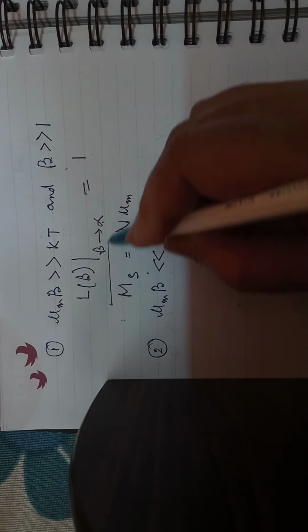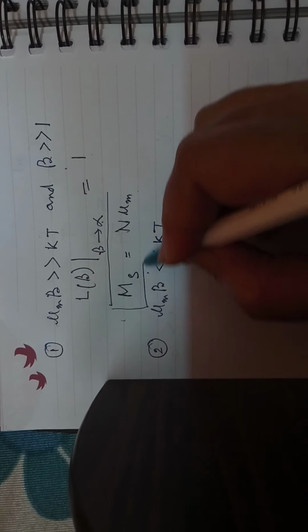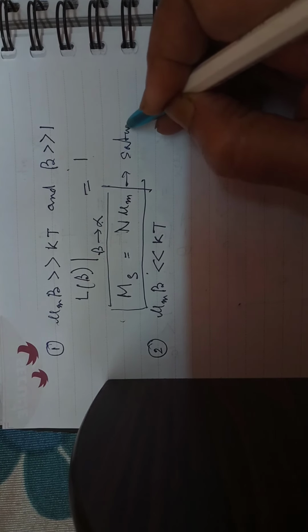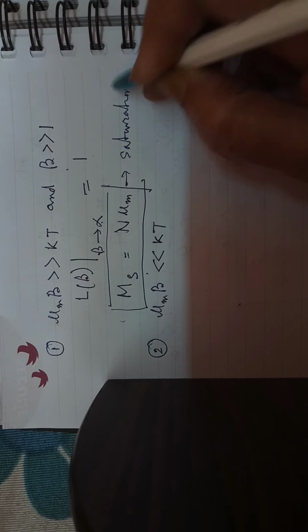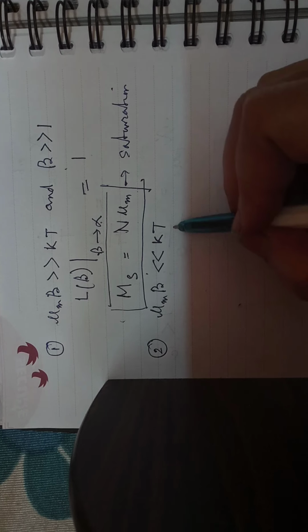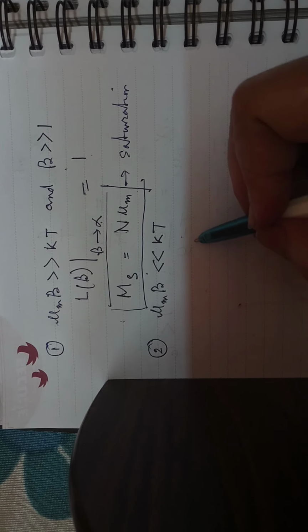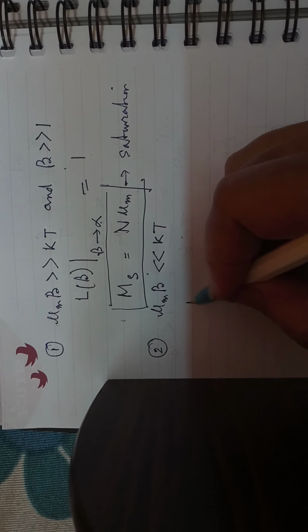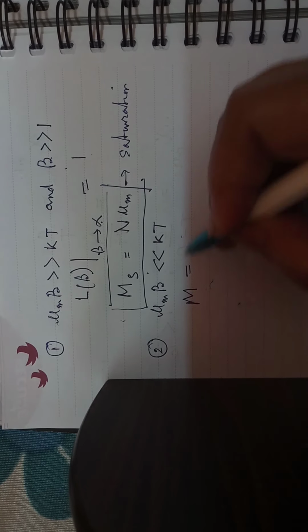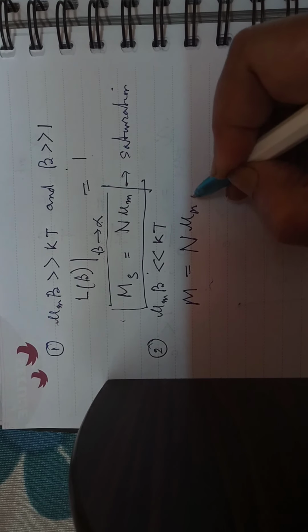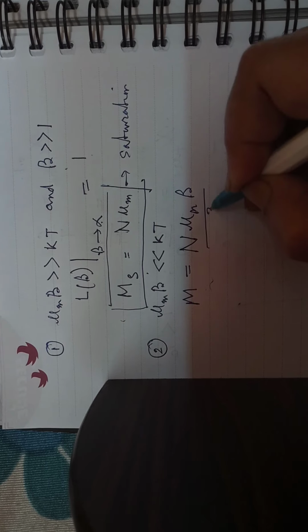So N mu m equals Ms, the saturation magnetization. And when mu m B is much less than kT, then M goes as N mu m beta by 3.